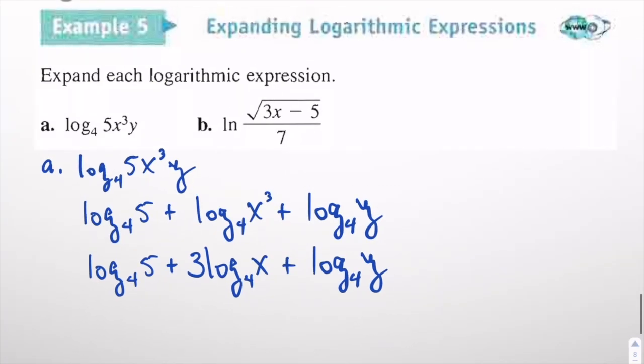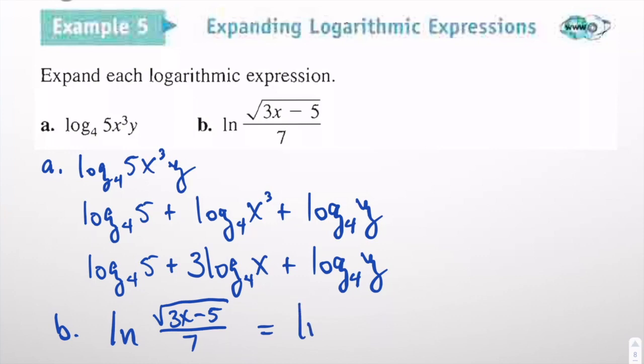Let's do B. So B is natural log of square root 3x minus 5 over 7. Well, that can be rewritten as the natural log of 3x minus 5 to the 1/2 power over 7.